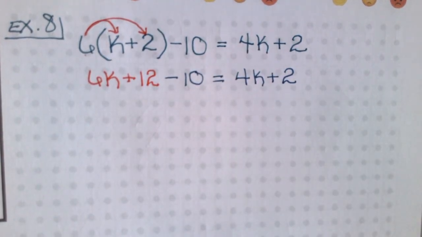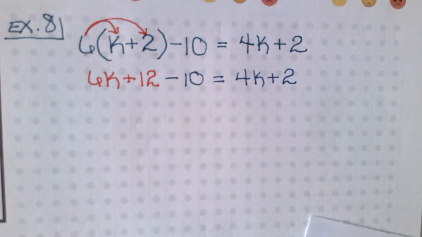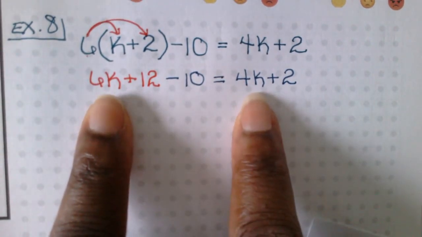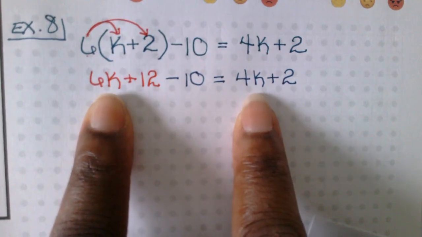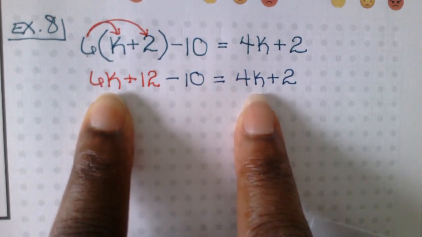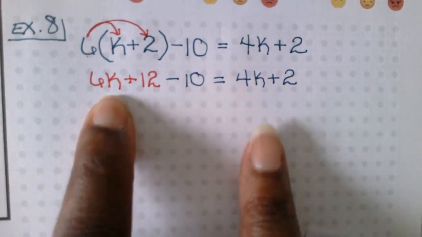So now, always take a look to see if there's anything in common. Because if you notice, we have a variable on both sides of the equal sign. We need to have our variables combined on either one side.